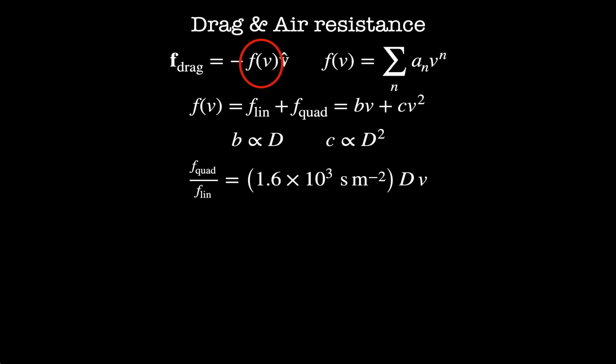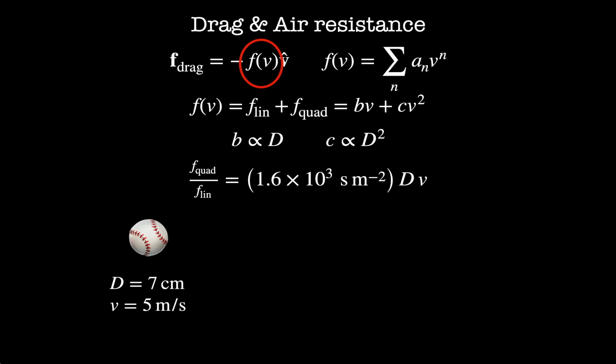So this is dependent on the medium. This is 1.6 times 10 to the 3 for air at standard temperature and pressure, times the diameter times the velocity.